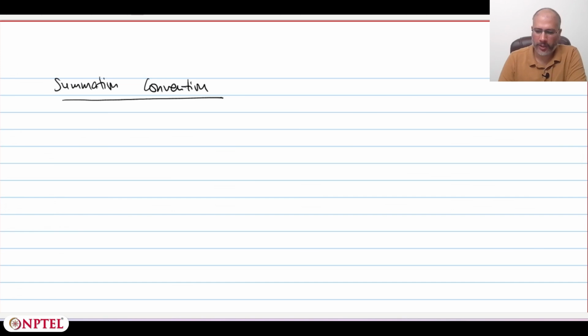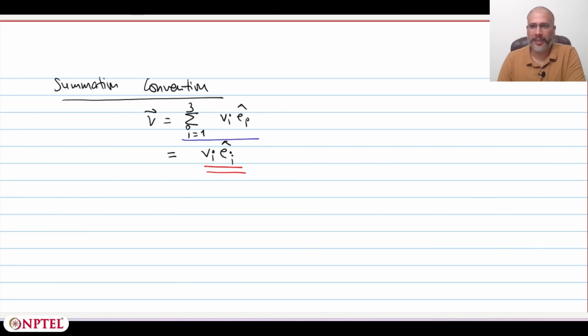I'll briefly mention that today, and then we'll go deep into it in the next lecture. The summation convention is where this vector v, which is written as a sum going from i equal to 1 to 3 of vi ei, is written simply as vi ei. So we remove the summation symbol and simply write the expression. The term with the red underline and the term with the blue underline mean exactly the same thing.